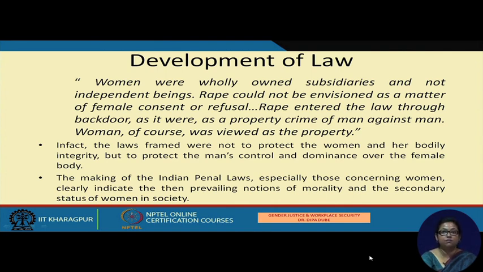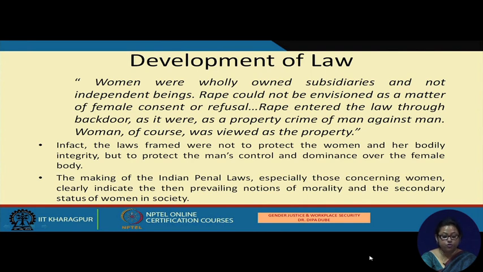But as Susan Brownmiller has said, women were wholly owned subsidiaries and not independent beings. Rape could not be envisioned as a matter of female consent or refusal. Rape entered the law through the back door, as it were, as a property crime of man against man.